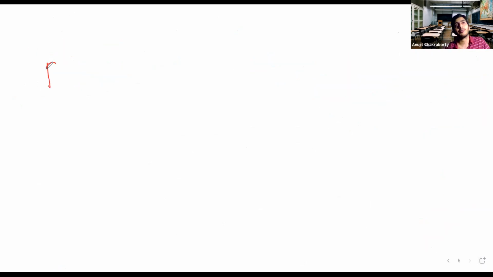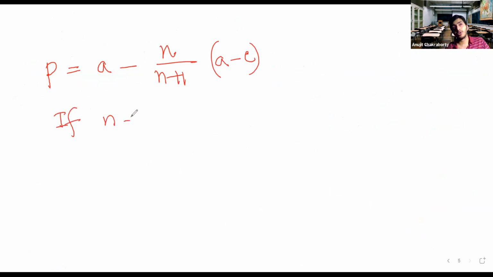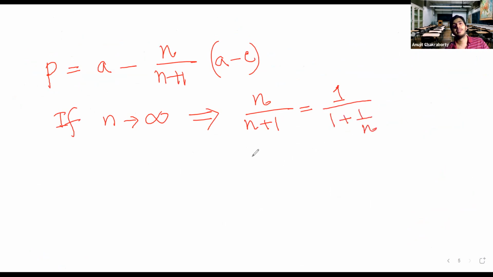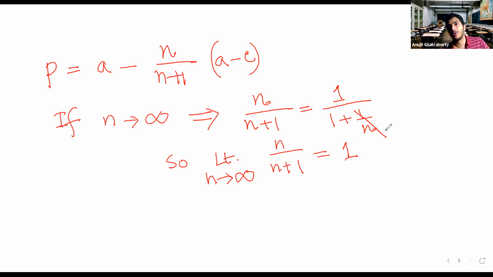What we have is the price was equal to a minus n over n plus 1 times (a minus c). If n goes to infinity, then what happens? n over n plus 1, dividing both numerator and denominator by n, becomes 1 over 1 plus 1 over n. So the limit as n tends to infinity of n over n plus 1 is 1, because n is going to infinity, so this term right here goes down to 0.